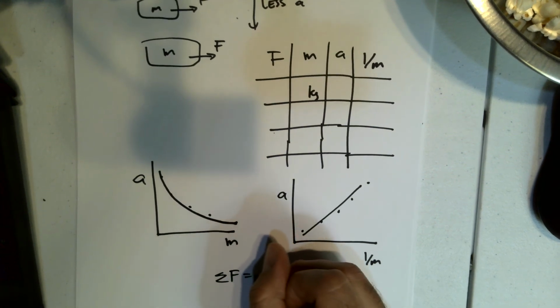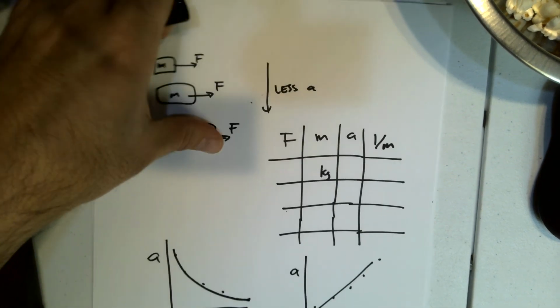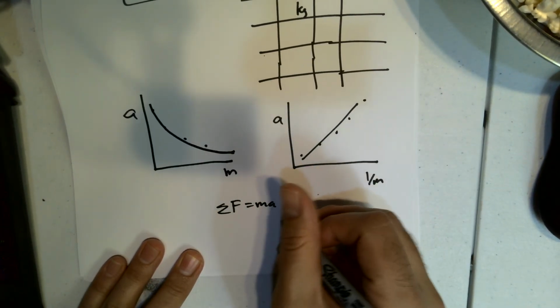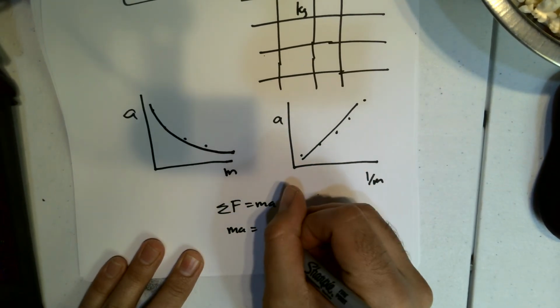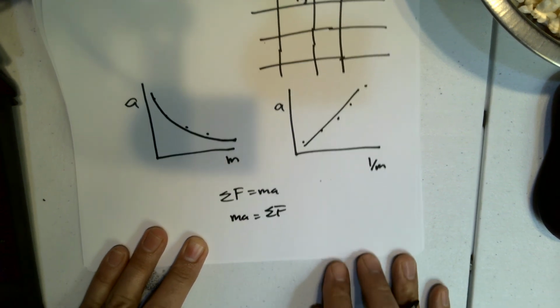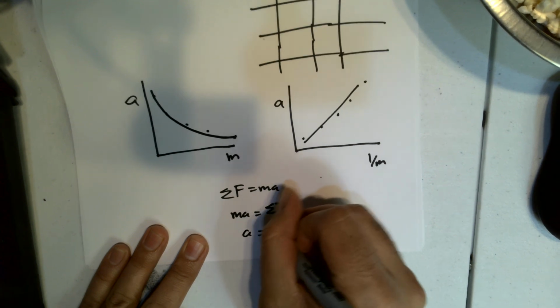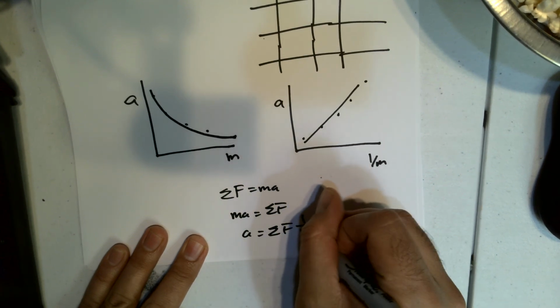If I do sigma F equals ma, I want to relate a and m. First I'm going to flip the equation, and then divide both sides by m, and write it as a equals sigma F times 1 over m.